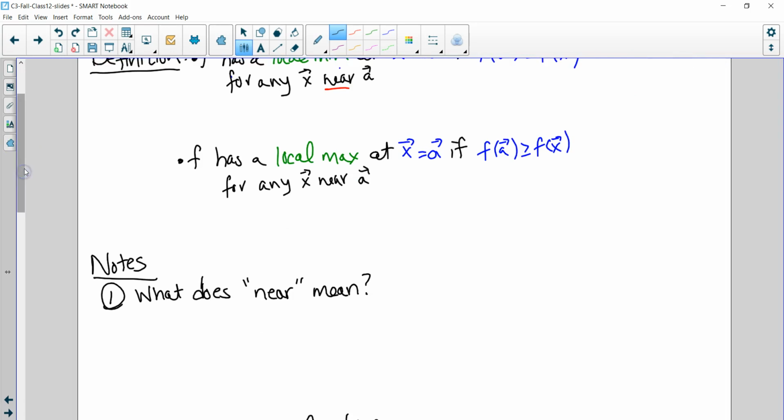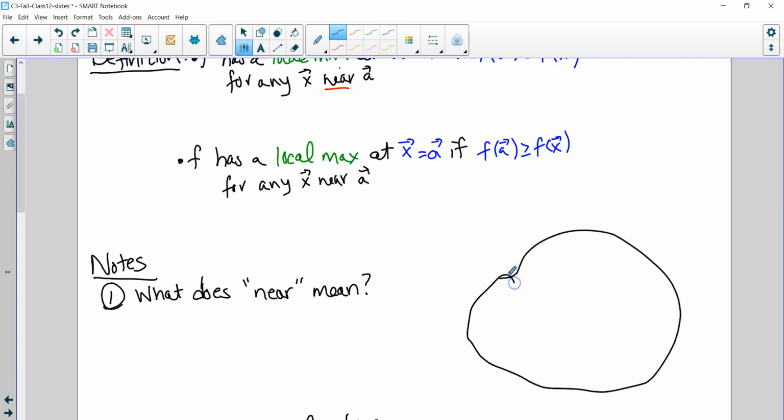Okay, and so what I want us to do is imagine an arbitrary set x. Nice big blob. That's our general space or set x. And then here's our vector A in set x.